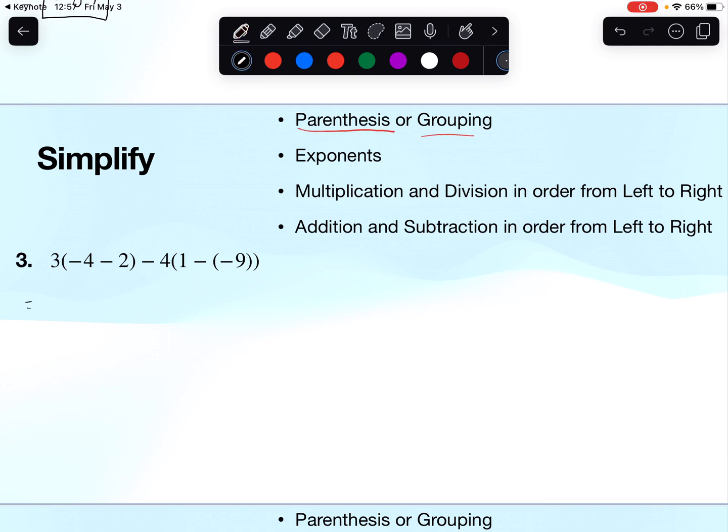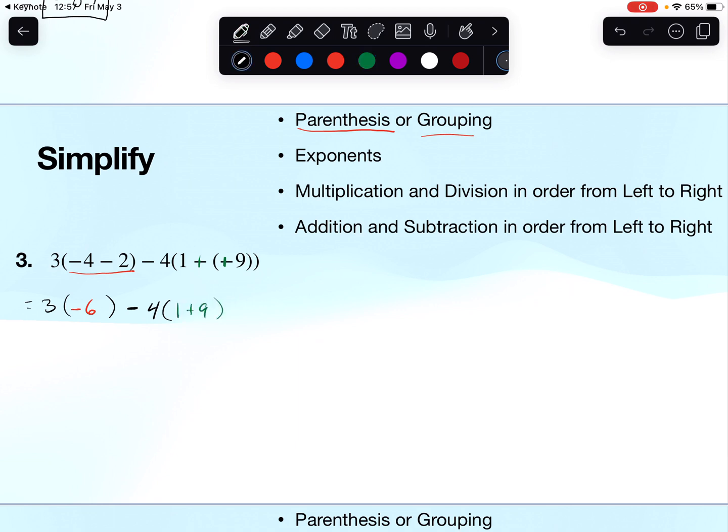So you're going to have the 3 out, and -4 minus 2 is going to be -6. So if you owe $4 and you're going to buy something that costs $2, you're going to need to borrow another $2, so that's a total debt of 6. -4 times the quantity. We got a double negative here, so we're subtracting -9, so that becomes a +9, so we get 1 plus 9.